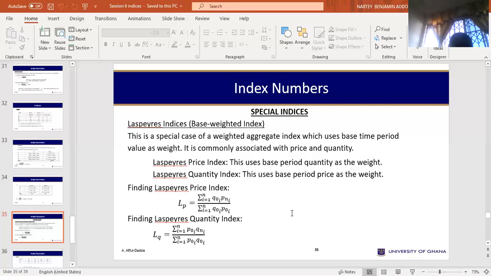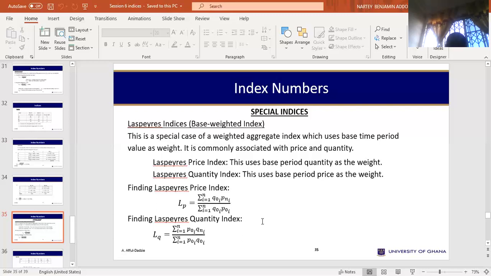But there are two disadvantages. One is that it overestimates price changes or inflation. Second, the base year weight may be obsolete, rendering the index number unrealistic.